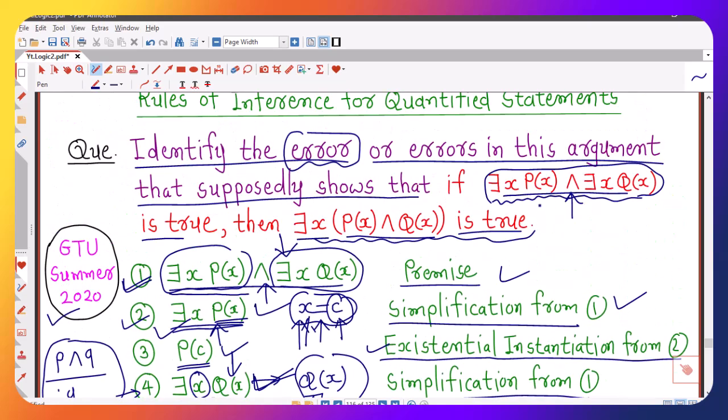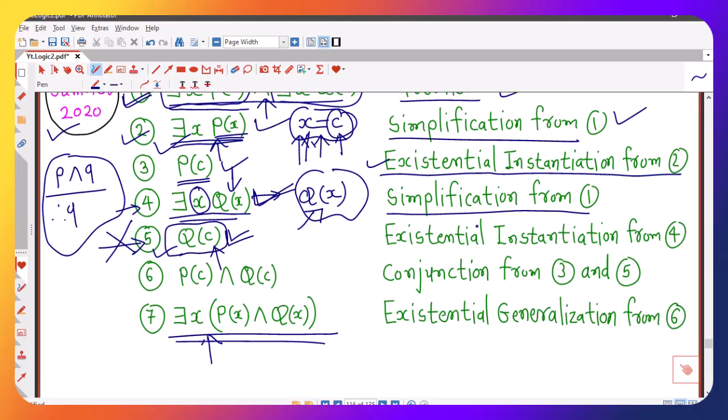in step number 5, and therefore we can say that this argument is not valid, or if this is true then we cannot say that this is also true, and if this is incorrect then we don't have to check for next steps. We find out error in this step.